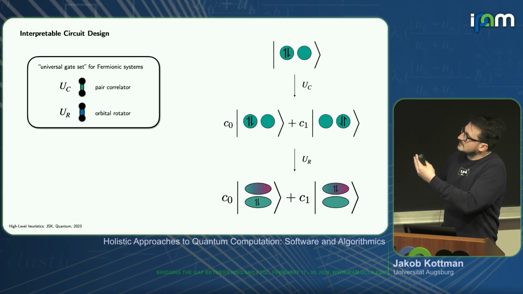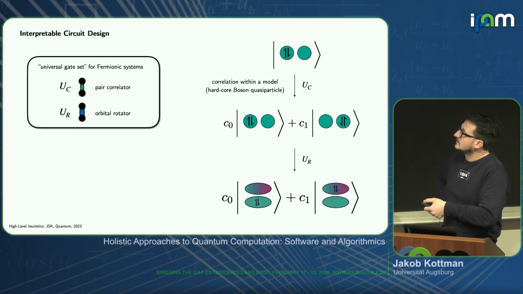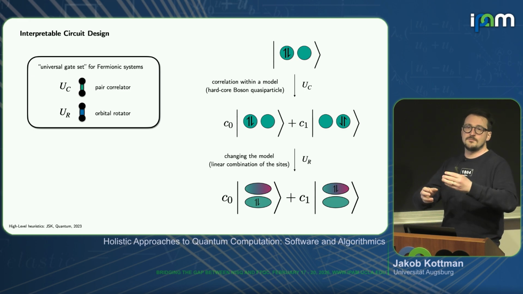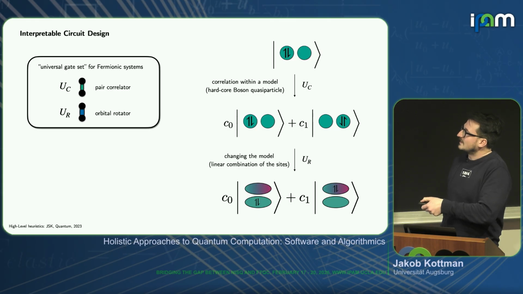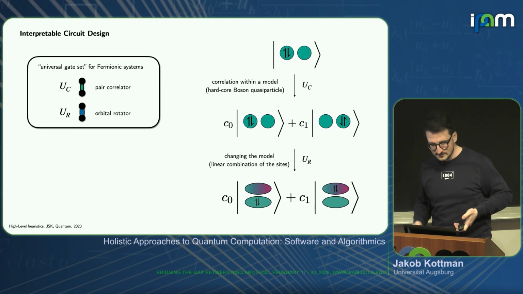You're always working in a hardcore boson quasi-particle model, but you can swap between different representations. If you change the representation, what has been a seniority 0 space in one representation is not necessarily a seniority 0 space in another representation.